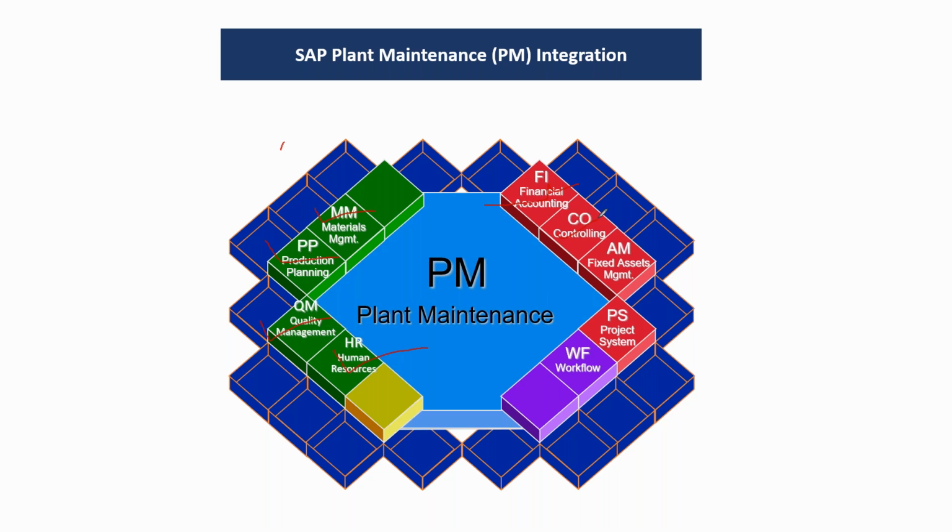Apart from that, in some cases you may require to integrate your maintenance operation or maintenance order with your Primavera or MSP. For that, we have one additional solution from S4HANA, that is EPC, Enterprise Project Connector.